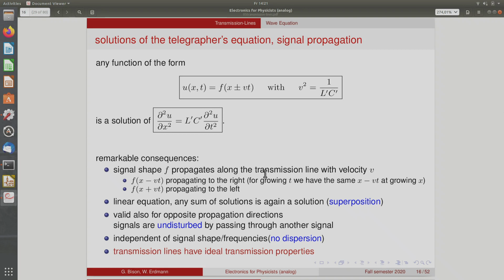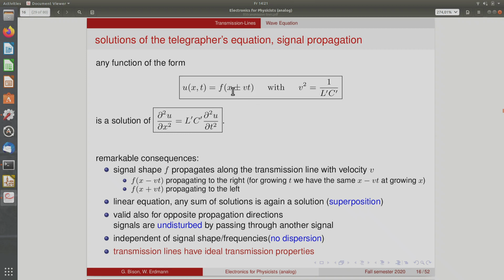And this simple fact has a number of remarkable consequences. A solution like this means that a signal shape, f, propagates along the transmission line with a constant velocity given by v. Here I write plus or minus.